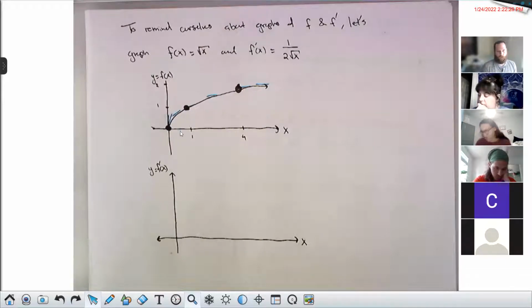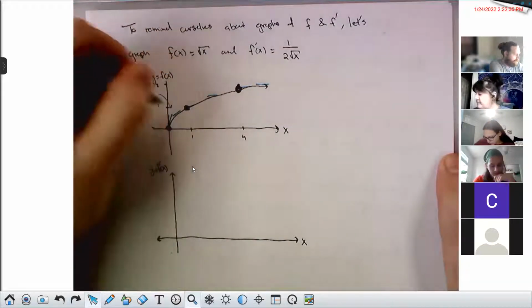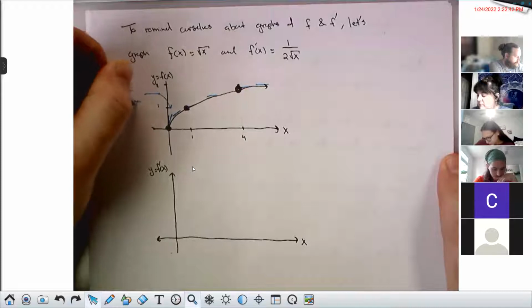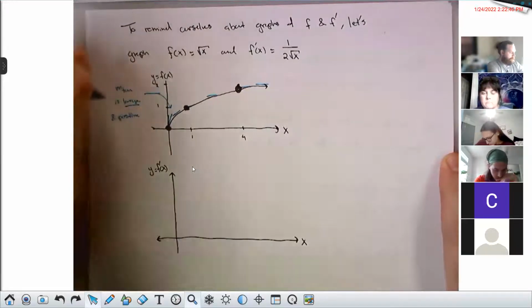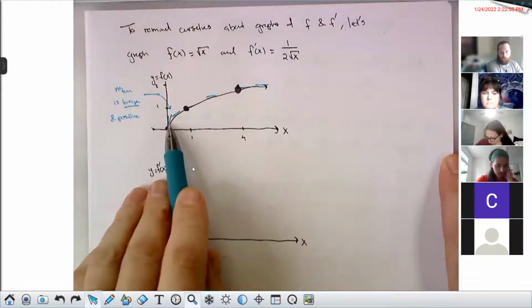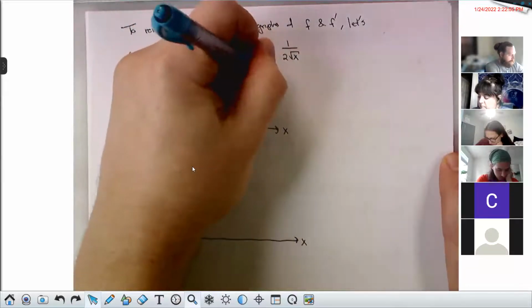So the slopes here should be the y values here. So in here, I would say m tan is large and positive, right? These are large positive slopes, and they get bigger and bigger as you get closer and closer to the origin.